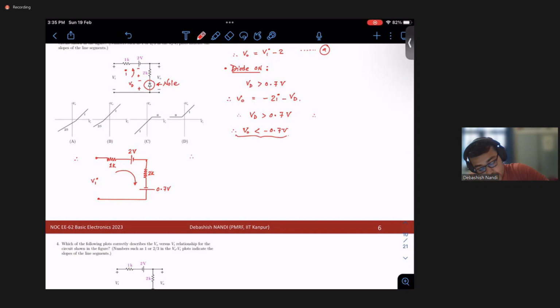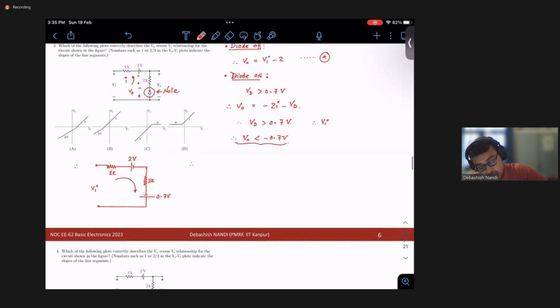So for that, your Vi, what is the constraint on Vi? Can you tell me the constraint on Vi?